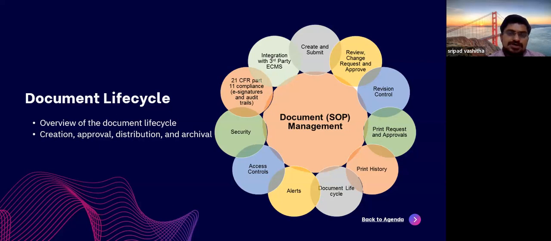All these alerts could be set and you will get a notification. Access control, as we discussed, it should be accessible only by a set of people, and that could be controlled. Security, you need to have a proper security layer over it so that no one can tamper with your data or the document.